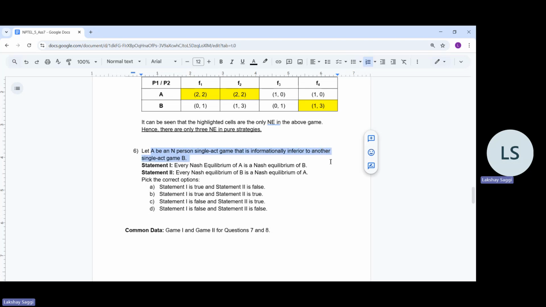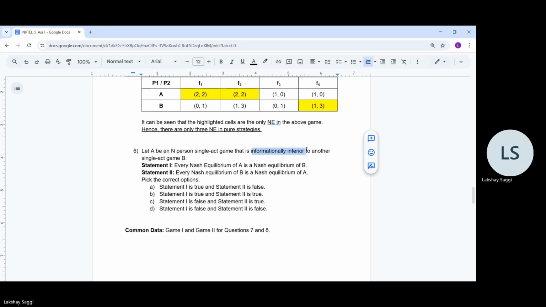So informationally inferior games, this was discussed in the lectures already. What does informationally inferior mean? Every player strictly has lesser information in the game A than the game B, since the game A is informationally inferior.